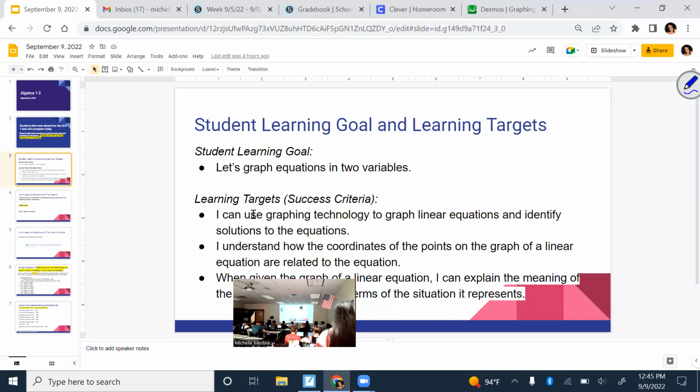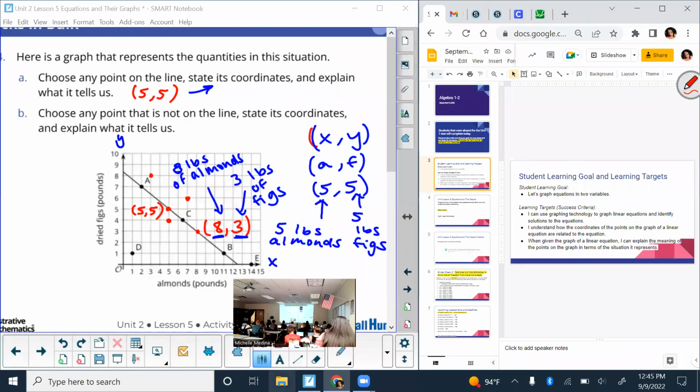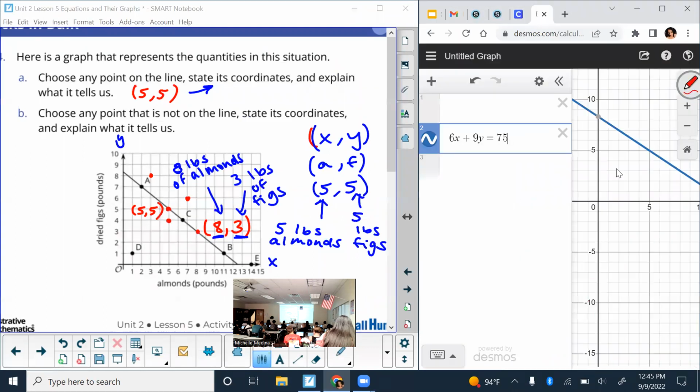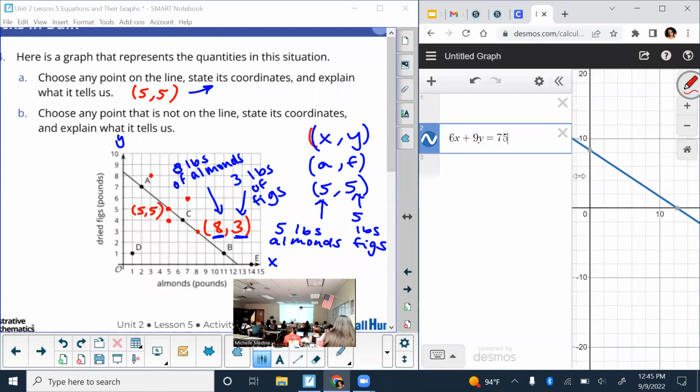I can use graphing technology to graph linear equations and identify what? Solutions. So solutions are coordinates that are on the line. Sorry, you guys are thinking everywhere but the right answer.